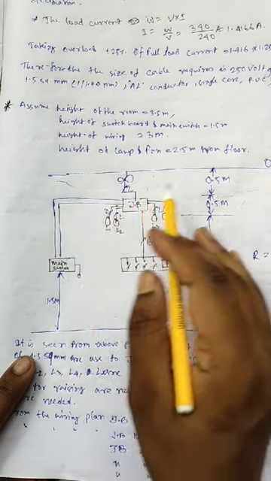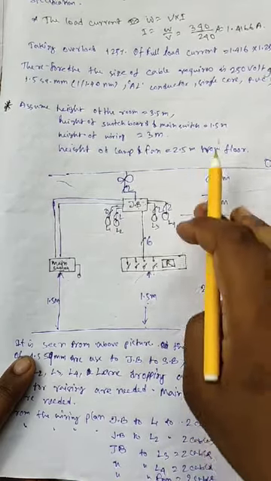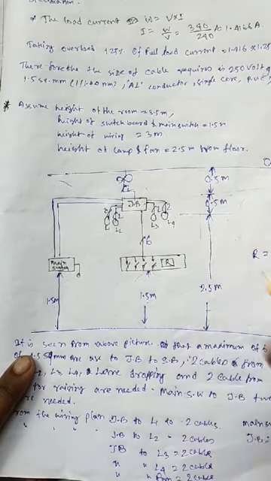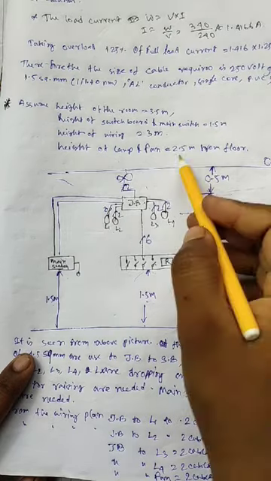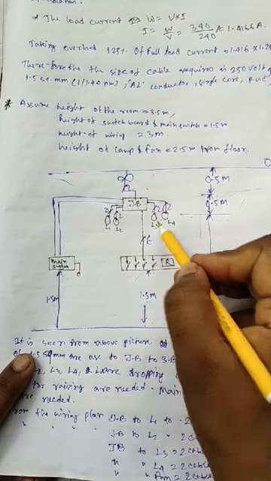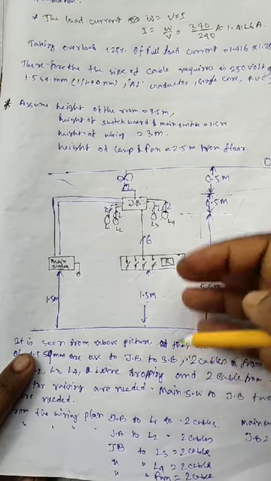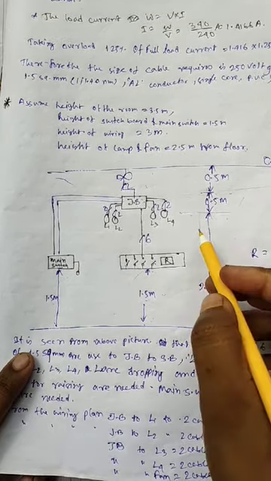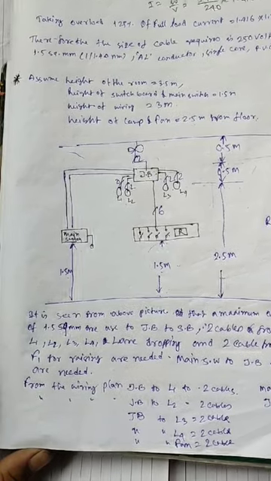The wiring also runs vertically, and the height of the wiring is 1.5 meter. The height of the lamp and fan is 2.5 meter from the floor, because they are hanging from the ceiling.